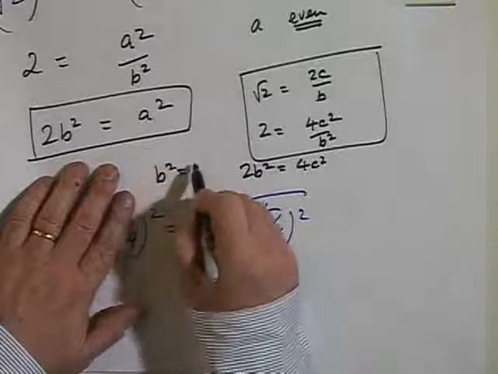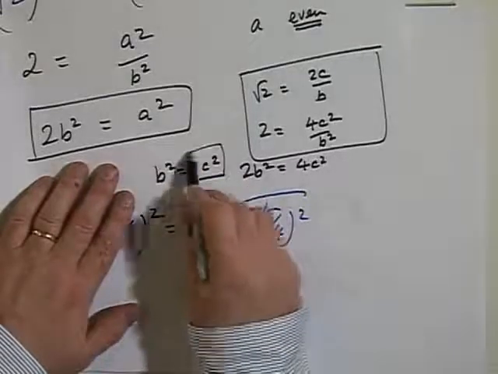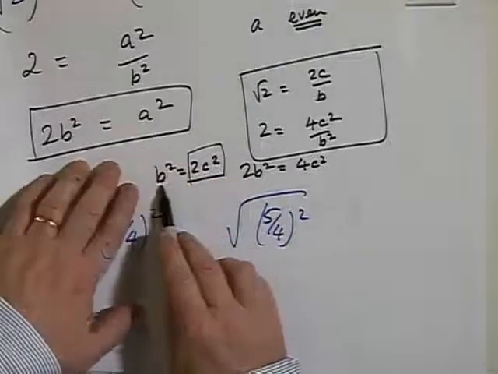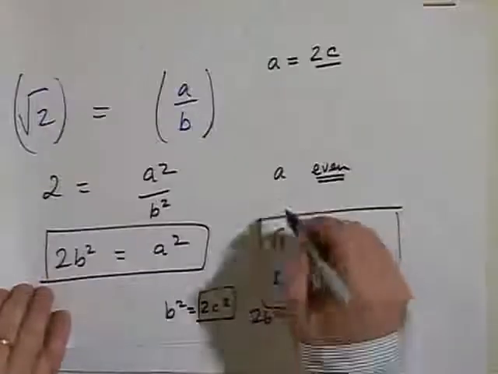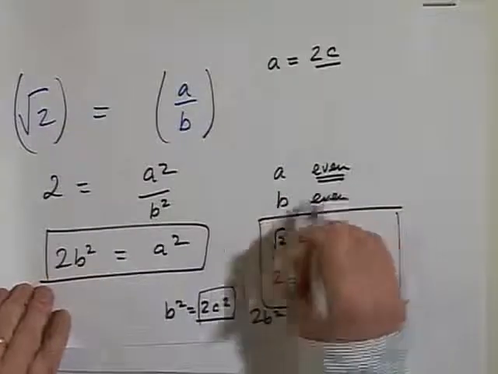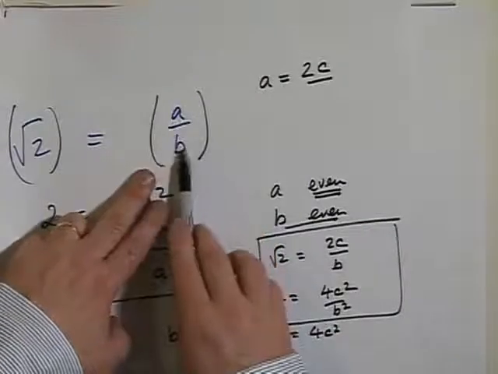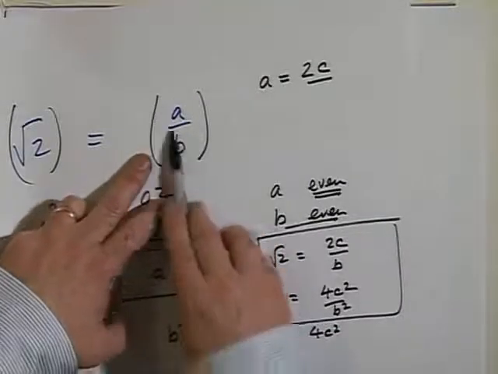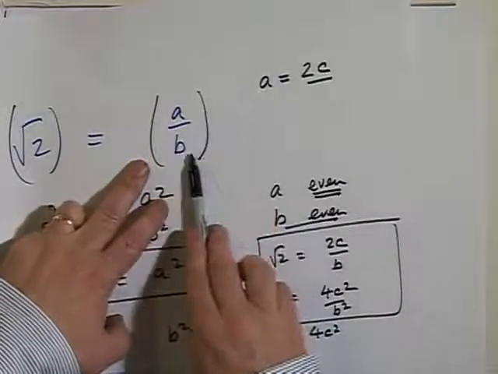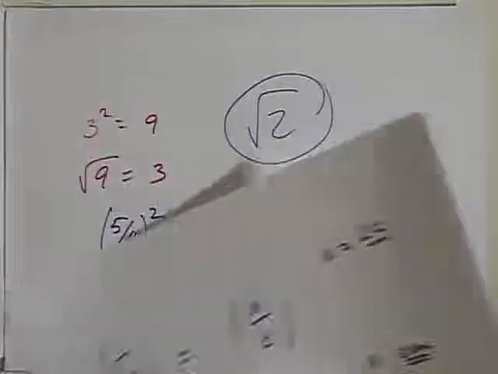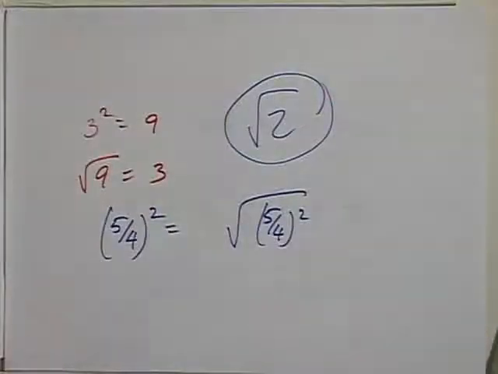B squared is 2C squared. This is an even number. B must be even. Well, if A and B are even, that can't be the simplest way of writing it. And this puzzled them. And it basically figures out that the square root of 2 can't be put in a ratio.